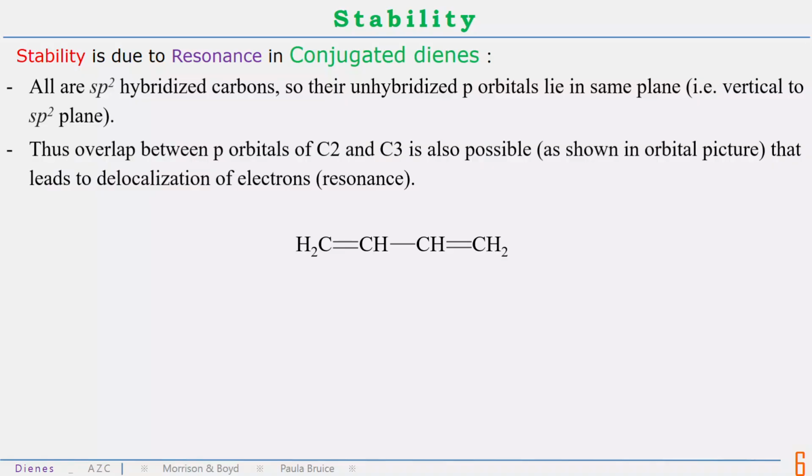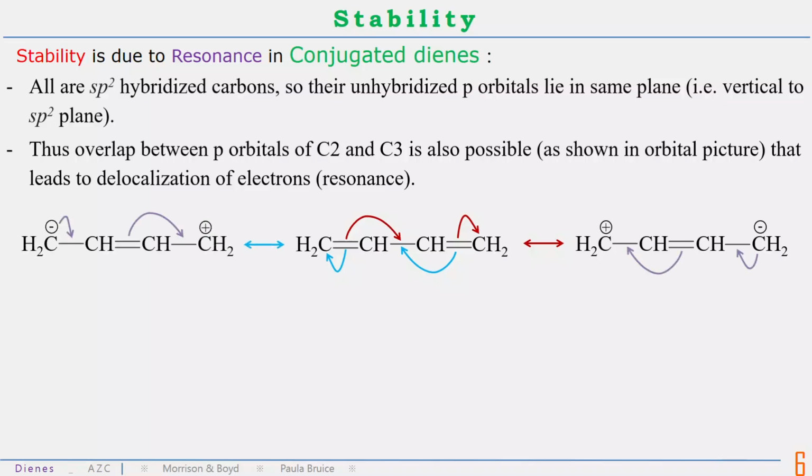Thus, overlap between p orbitals of C2 and C3 is also possible, as shown in the orbital picture in the next slide. That leads to delocalization of electrons, that is resonance. Delocalization of electrons generates various structures, which are called resonance-contributing structures.